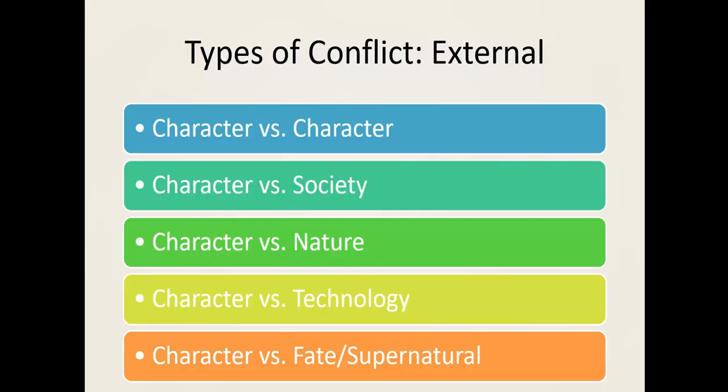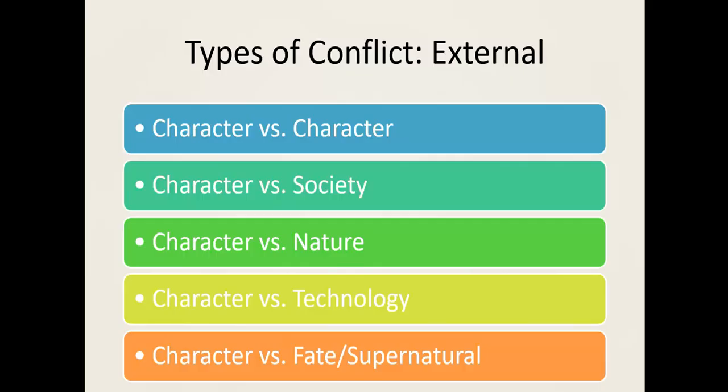They can be battling the whole society or parts of society. I won't go into all of these individual examples because those will be in other videos. But the character might be versus nature, so he's out there trying to survive on an island. Right? There's some conflict there. So it doesn't always have to be you versus me, right? It can be you versus society, something's going on there, or you versus nature trying to survive out there.